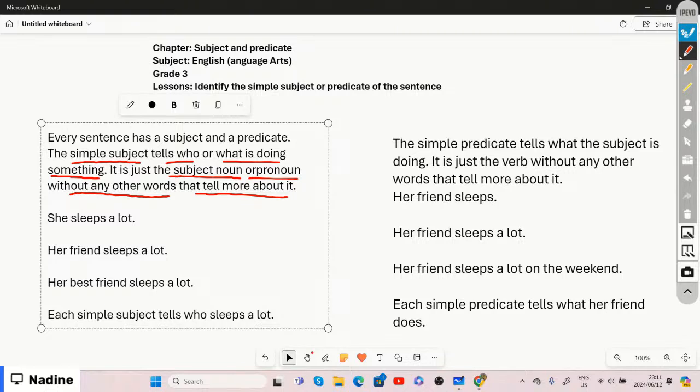If we look at an example of a simple subject, we say: she sleeps a lot. Now we need to ask ourselves who sleeps a lot. You ask yourself who is doing something or what is doing something.